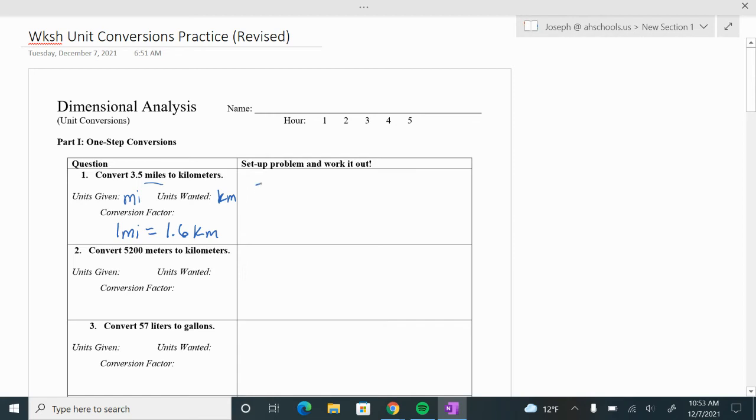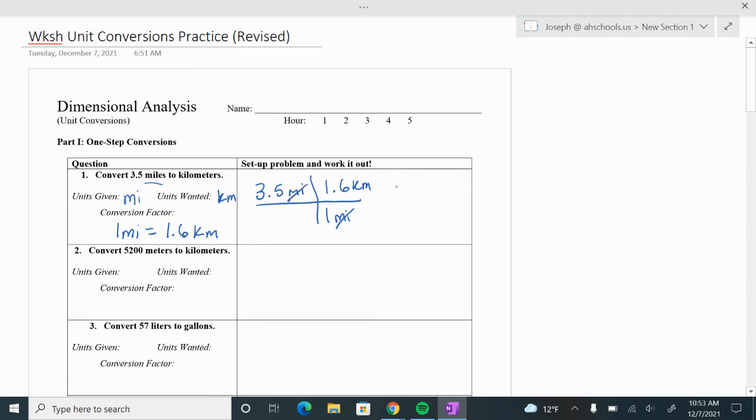I'm going to put what I started with on top, 3.5 miles. And then I'm going to add in my conversion factor. Because I want miles to cancel and I want kilometers at the end, I'm going to put miles on the bottom and kilometers on top.